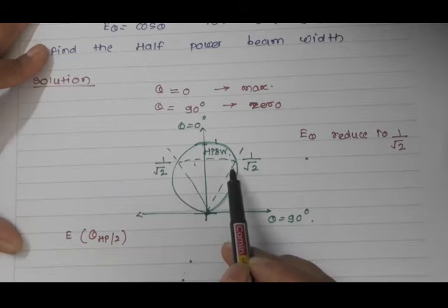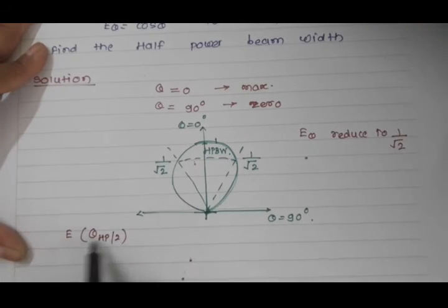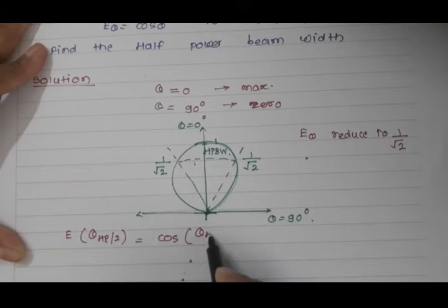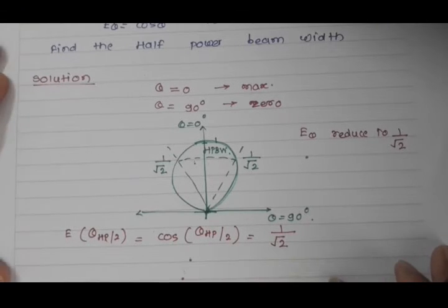So E theta HP by 2 is equal to cos of theta HP by 2, and it should be 1 by root 2, where I am getting half of the power.